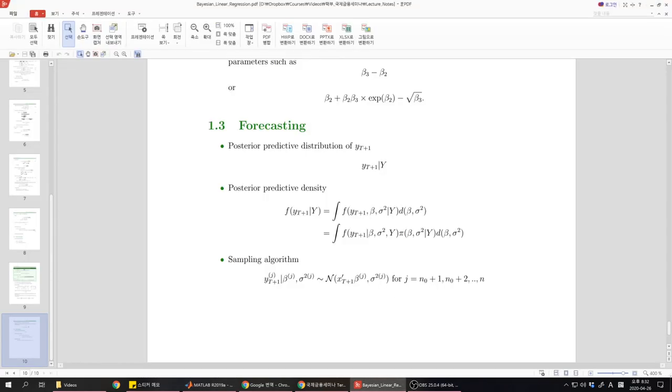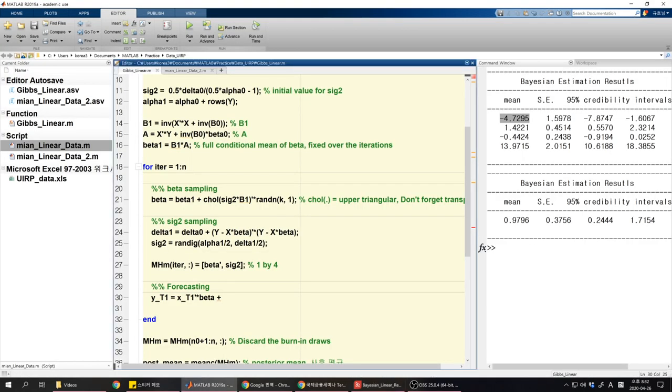The variance is sigma square. So then randn(1,1). Please make sure that you have randn. Don't forget this n, otherwise this is just a uniform distribution. Okay, randn. And here, this is the square root of sigma square, sigma 2, times.